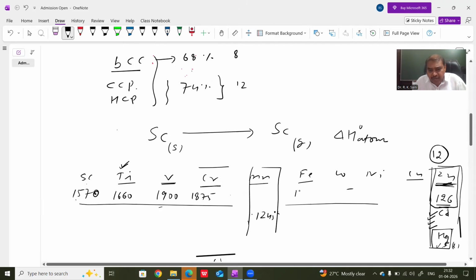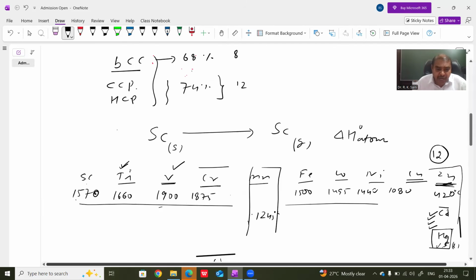Iron is also greater, nearly 1500. Cobalt slightly decreases, nearly 1495. Nickel slightly decreases, 1440, and copper also decreases, 1080. And the melting point of zinc is the lowest in the series, only 420 degrees centigrade.